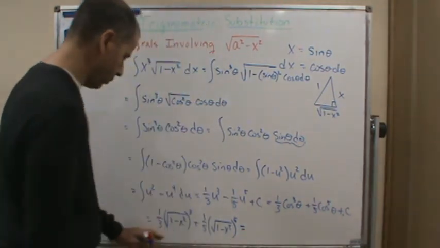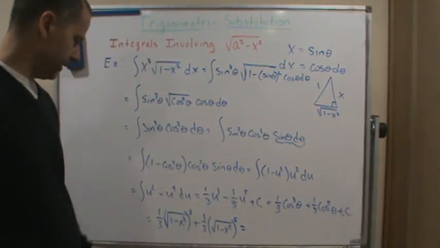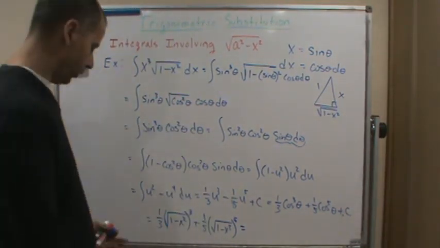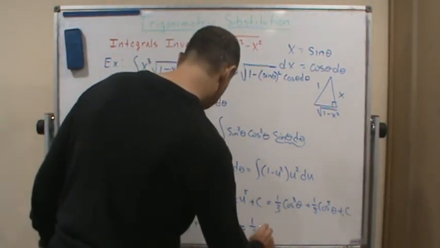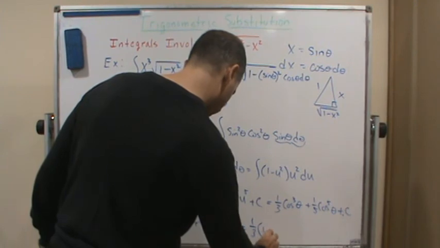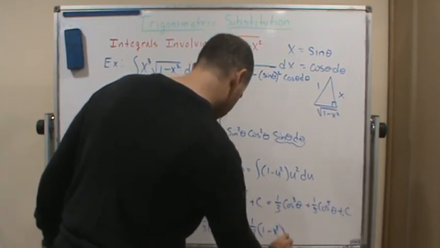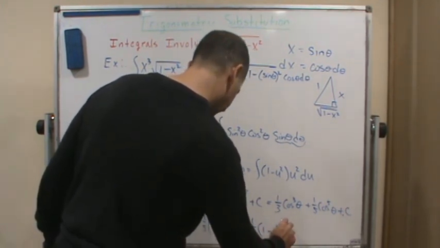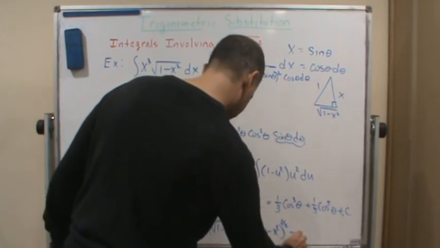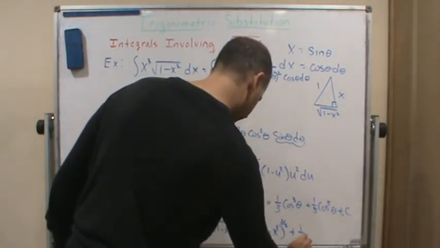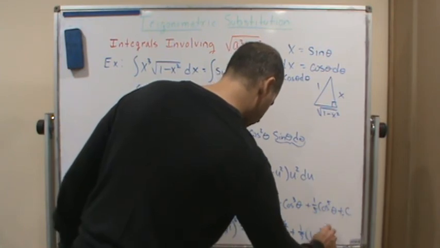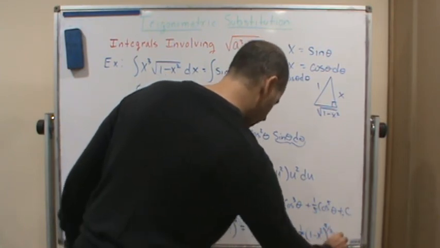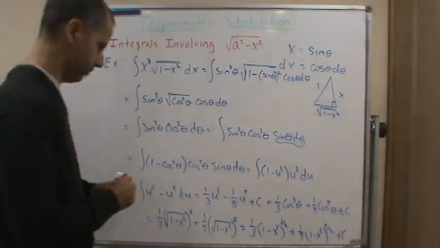Which of course, if you write the radical as a power, right? So 1/2, then you get the same thing that we got before, which is 1/3 times (1 minus x squared) to the 3/2 minus 1/5 times (1 minus x squared) to the 5/2 plus c.